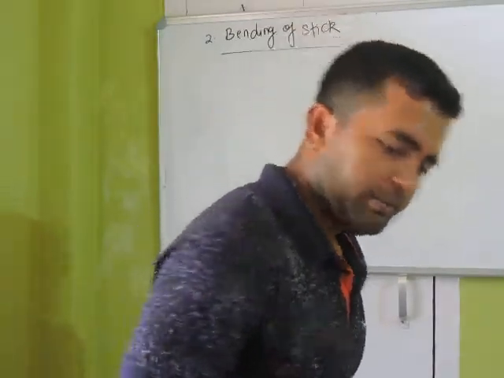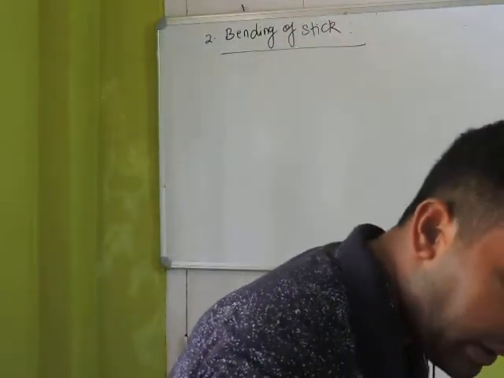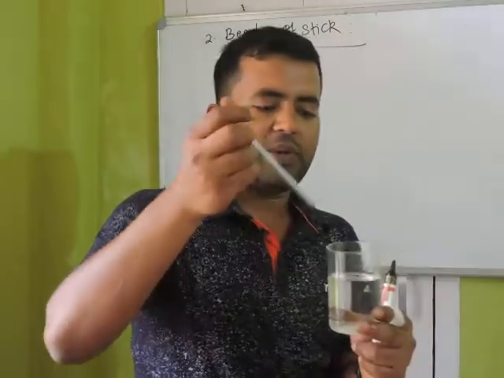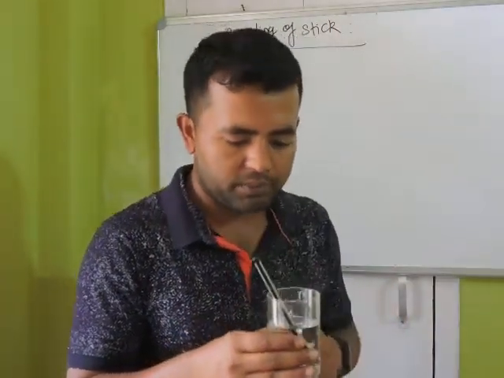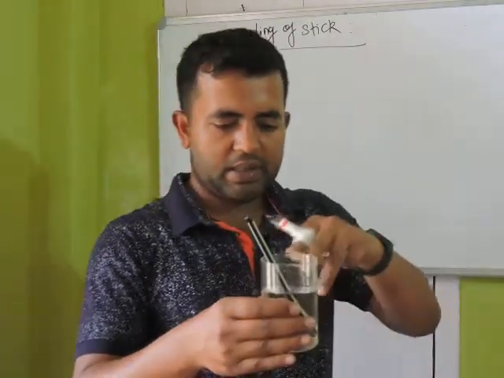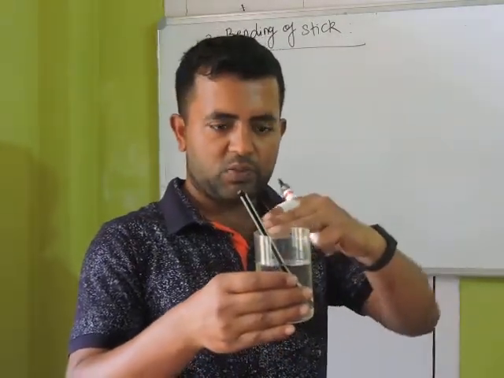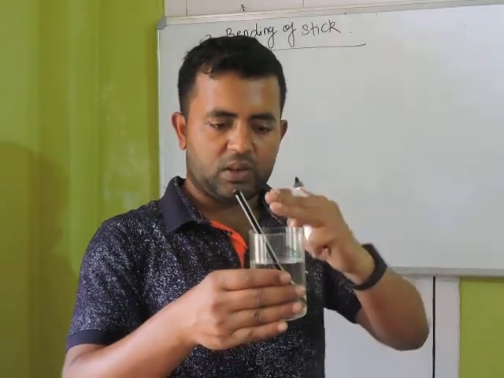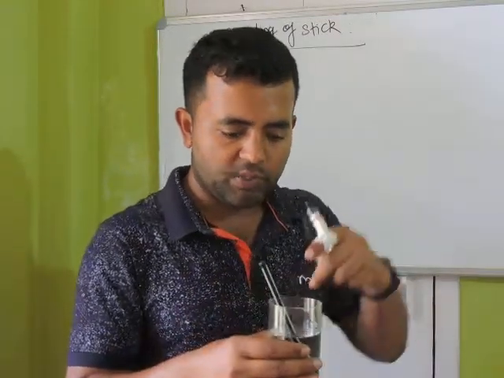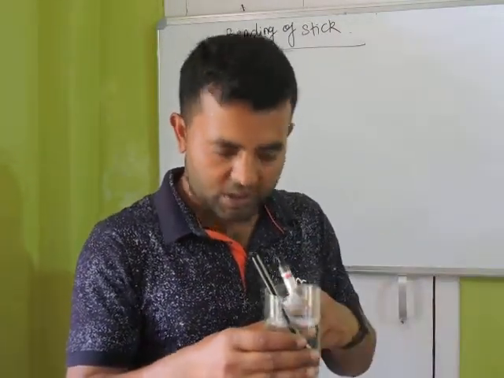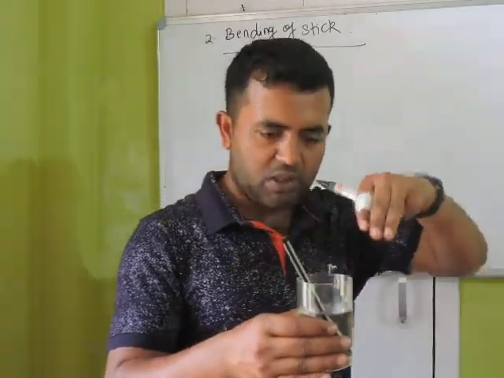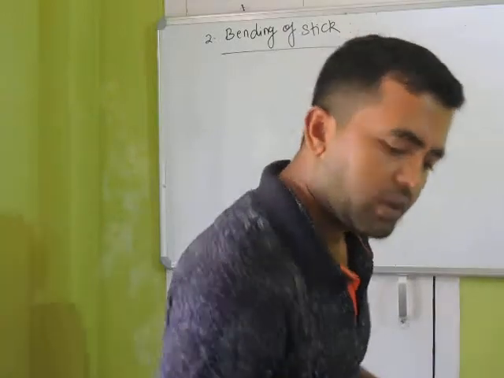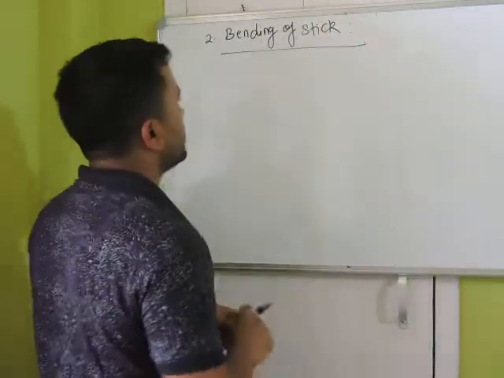So if you consider the first experiment we discussed, if you look from the top, you will find at the surface the pencil appears to be tilted or bent, but you have to look from the top, okay, not sideways I am talking about. So you will see that at the surface it appears to be tilted. Fine. So that we are going to talk about.